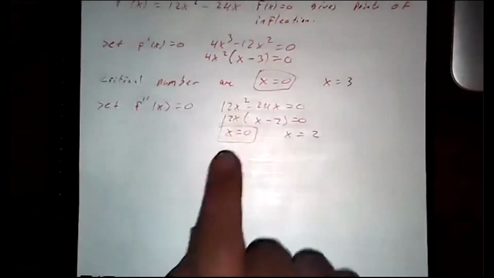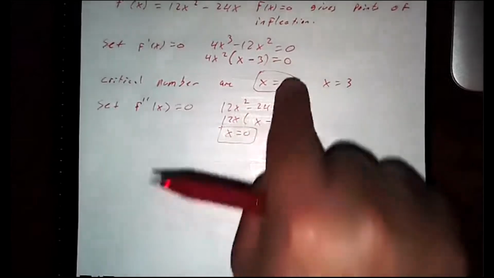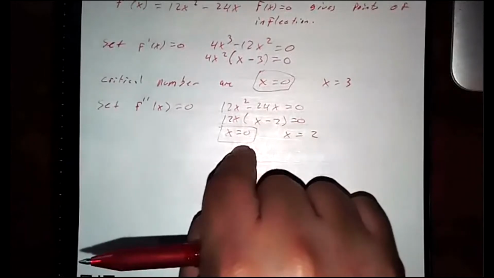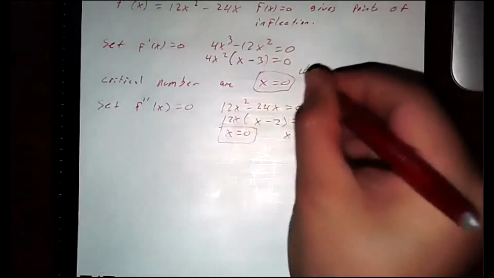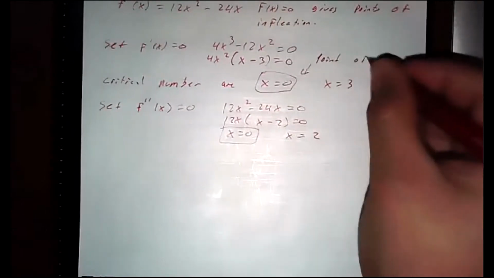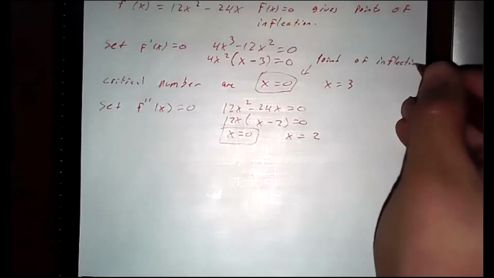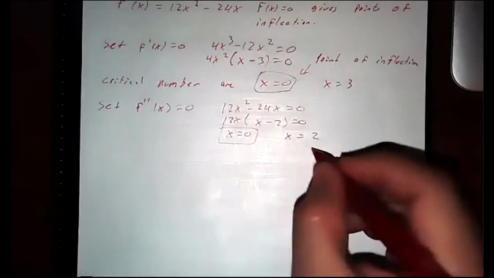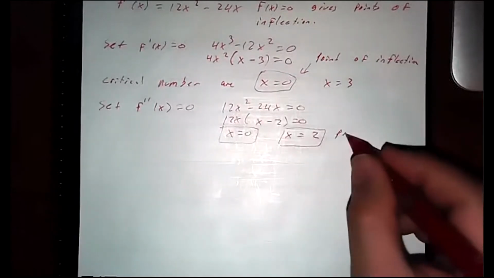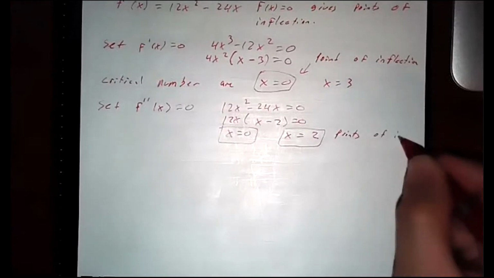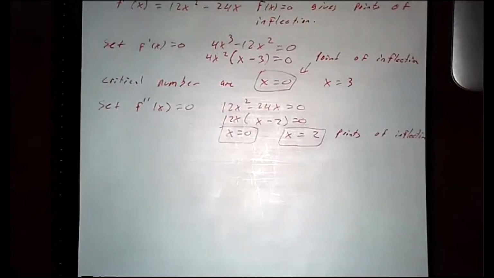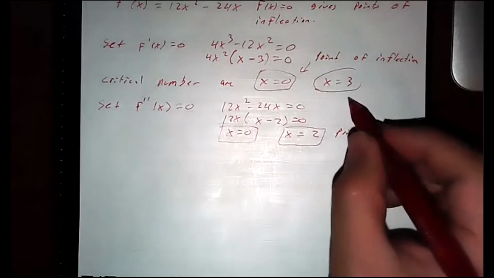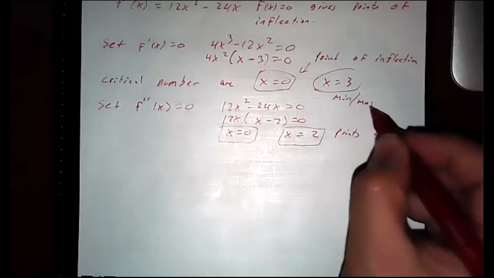So there's a change in concavity here, but it's also a critical number. That means it's not going to be a max or min, it's going to be a point of inflection based on the second derivative. These two are both points of inflection. So only this one is really the min or max, possibly.